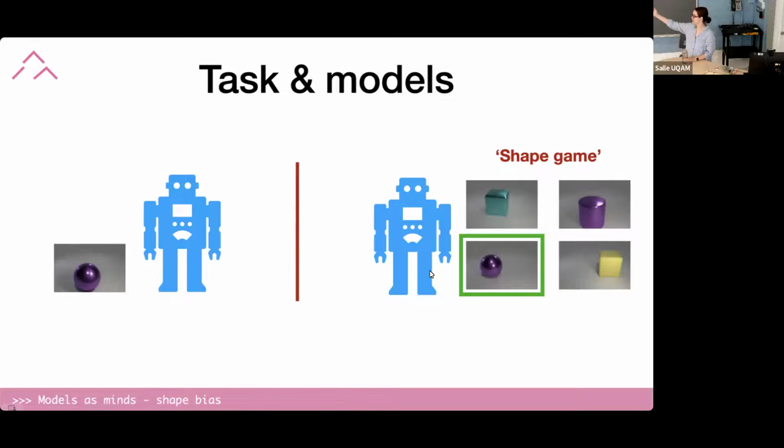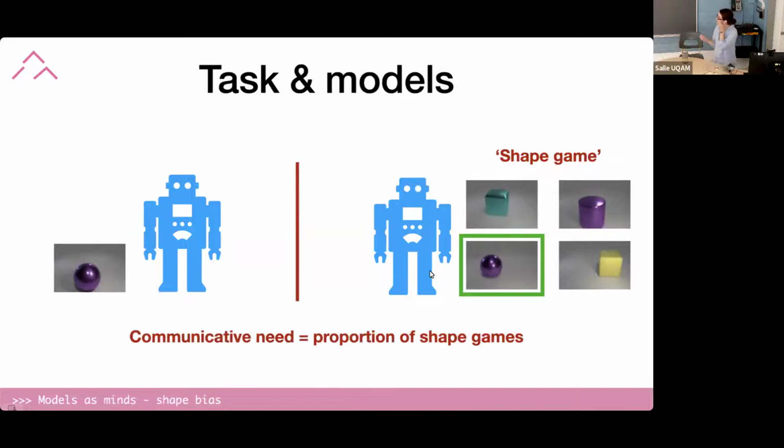Because here, for example, we have this other distractor that is the same in all visual, perceptual aspects as the sphere, except that it has a different shape. So whatever word we use to talk about this purple, large, metallic sphere, it has to somehow encode a distinction based on shape in order to be successful at this particular game.